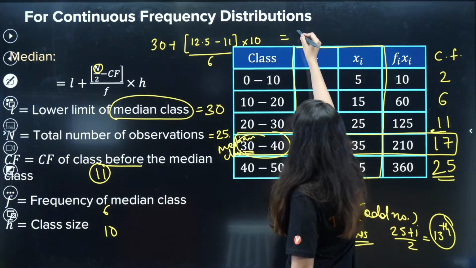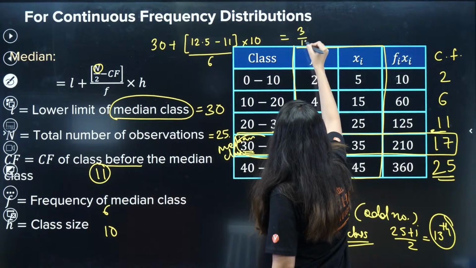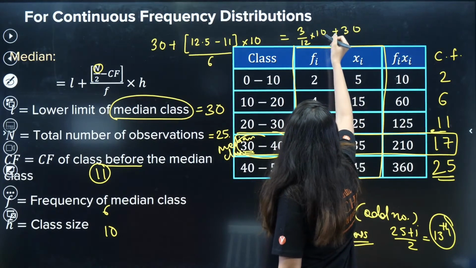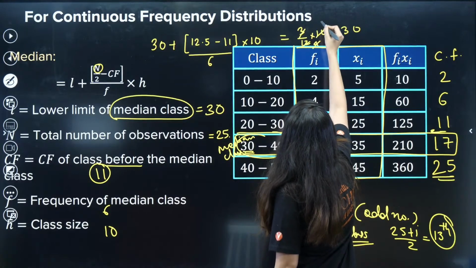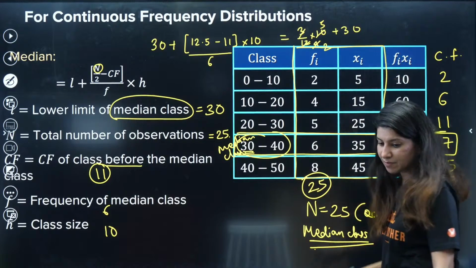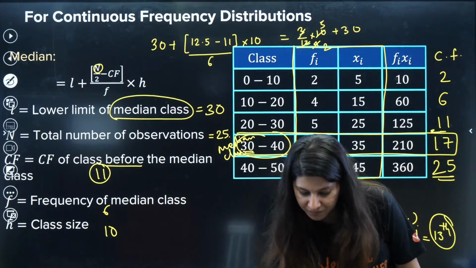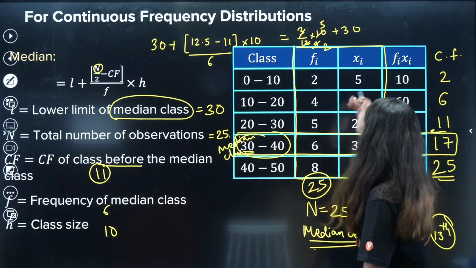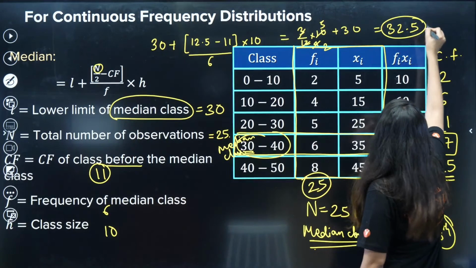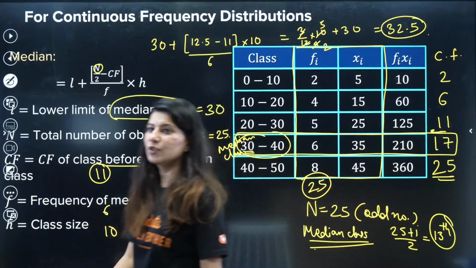So 3 by 12 into 10 plus 30, right? 3 fives are 15, so 5 by 2. 30 plus 5 by 2, what would be the answer? 32.5. 32.5 will be the calculation. 30 plus 5 by 2 is 32.5.